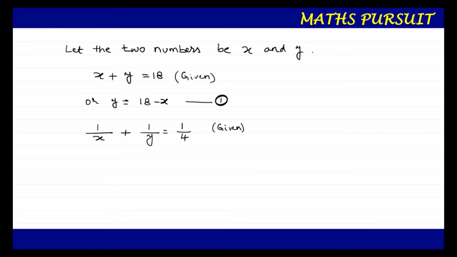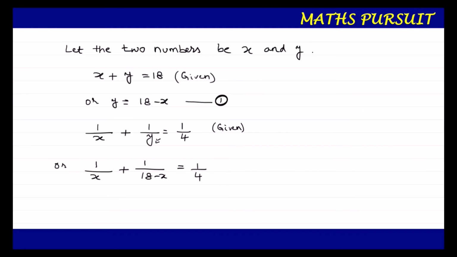What I am going to do in this step is replace the value of y with the value that we got in equation number 1. So I can write the above equation as 1 upon x plus 1 upon 18 minus x, just replacing the value of y from equation number 1, is equal to 1 upon 4.